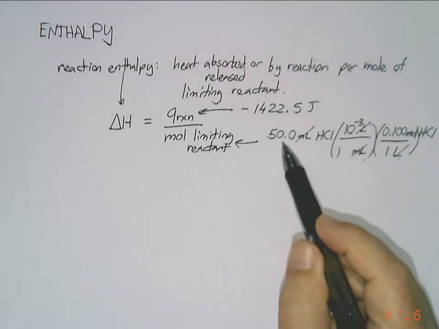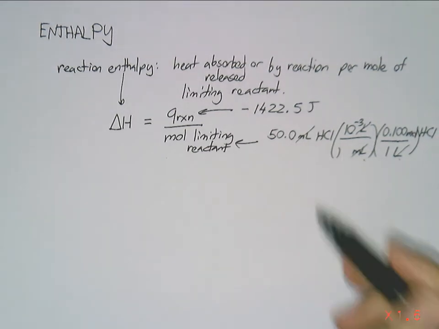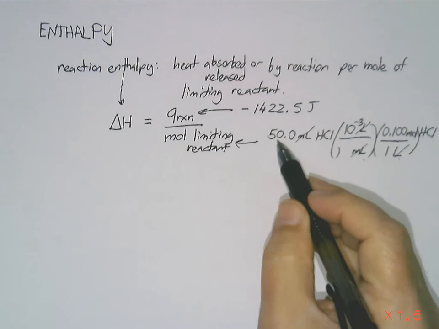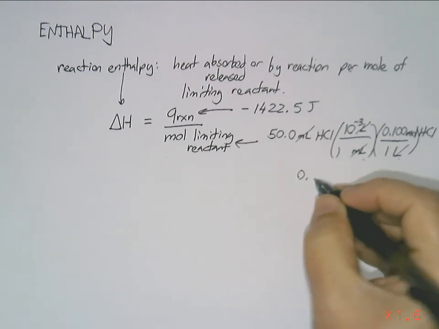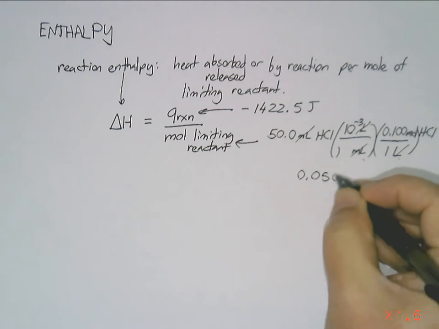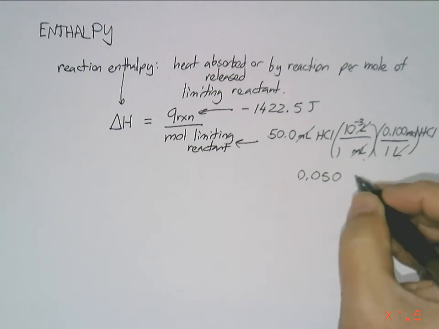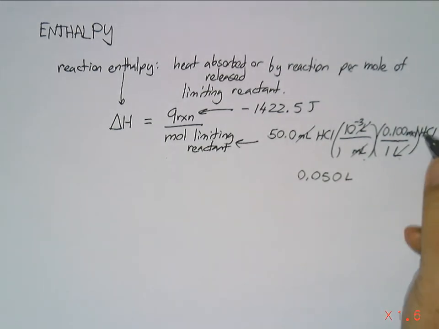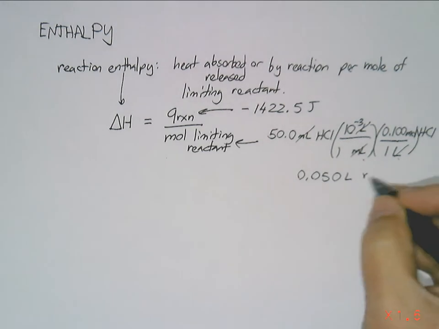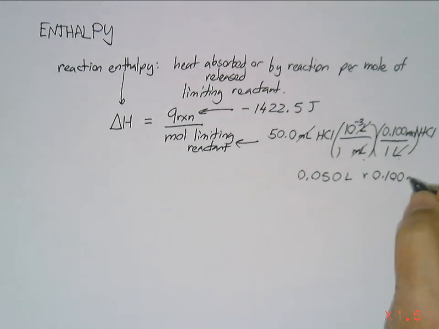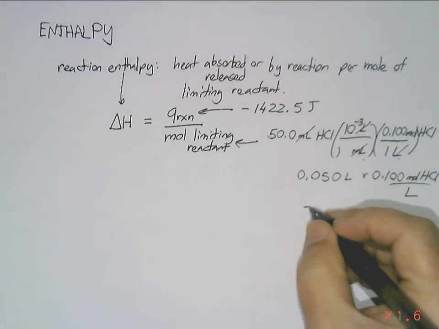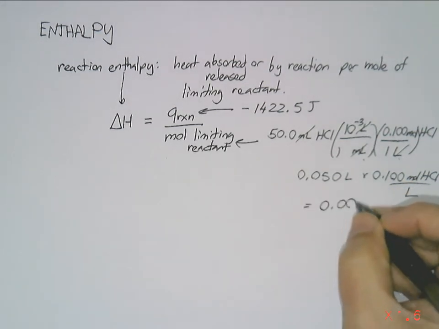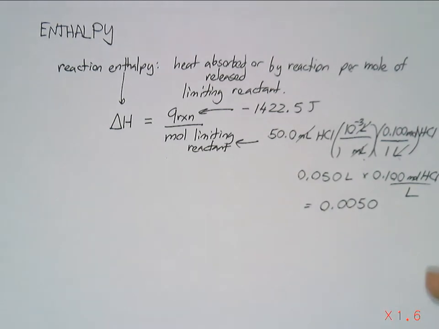So it's going to be 50 times 10 to the minus 3. That's like bumping the decimal place over 1, 2, 3 places. So far I have 0.050 liters, right? Times this, so that'll bump the decimal place over one more place, and that'll be 0.00500.